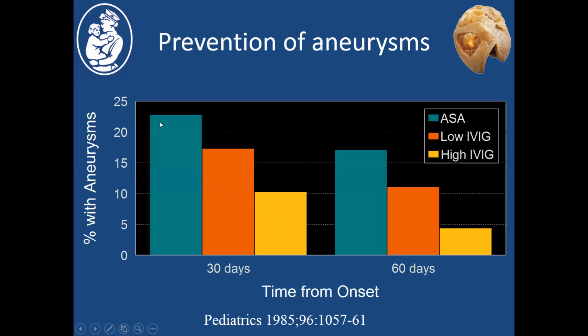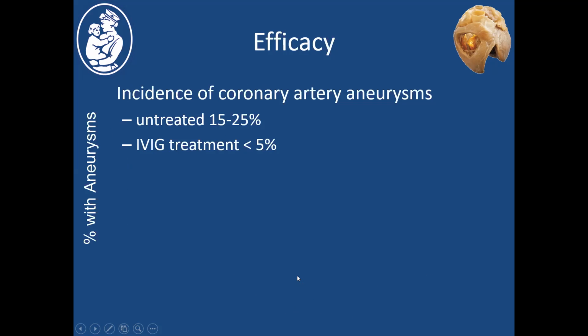So if you compared a low dose of IVIG, 1 gram per kilo, versus high dose, 2 grams per kilo, you can see that the percent with aneurysms is much lower in the group with high dose IVIG. This is a fairly old study that Jane Newberger was one of the major investigators for, she and Jane Burns.